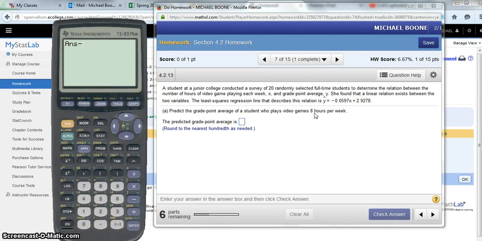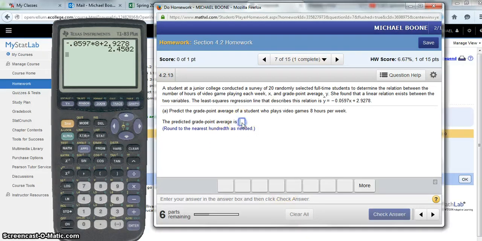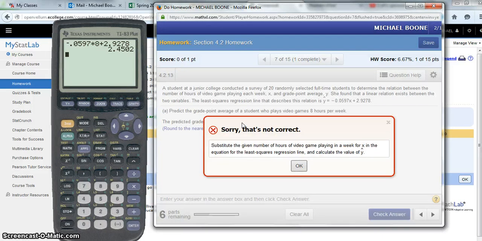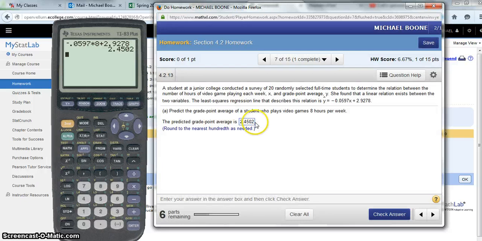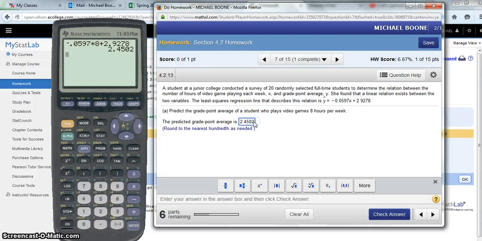So using my calculator, I had negative 0.0597 times 8 plus 2.9278. And this should be my predicted GPA, 2.4502. And that's not correct. Oh, round to the nearest hundredth place. Gotta follow directions on these things.